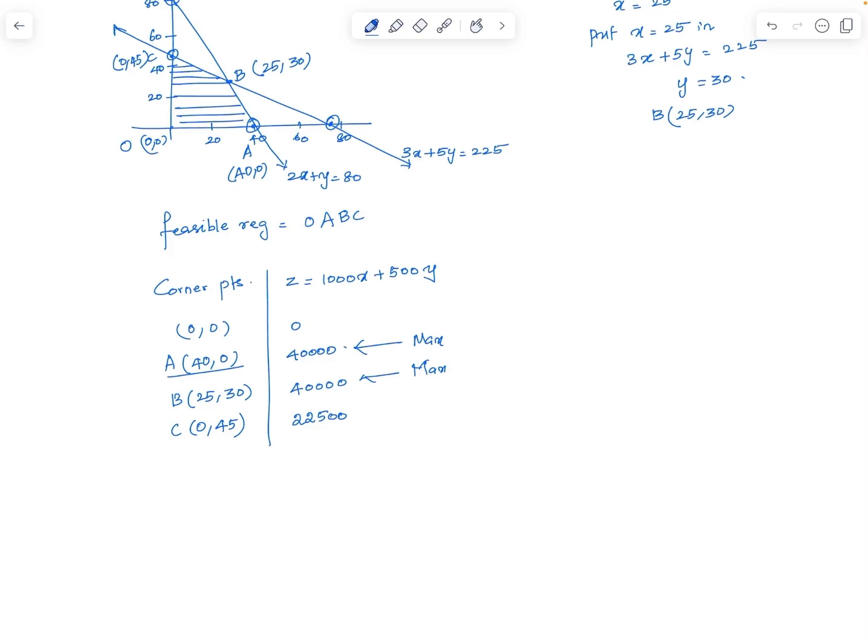So the next one is the maximum, the same 40,000, at 25, 30, which means to attain a maximum profit of 40,000, the manufacturer has to produce 25 Model X and 30 Model Y. Maximum profit is rupees 40,000, for which the manufacturer has to produce 25 Model X bikes and 30 Model Y bikes.